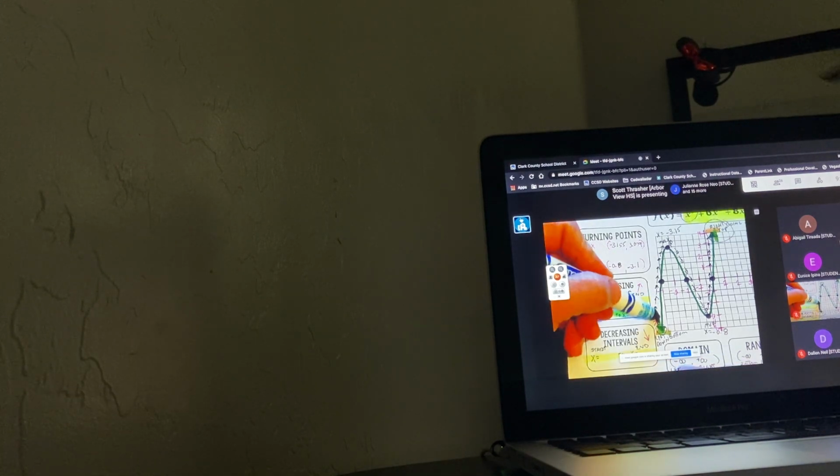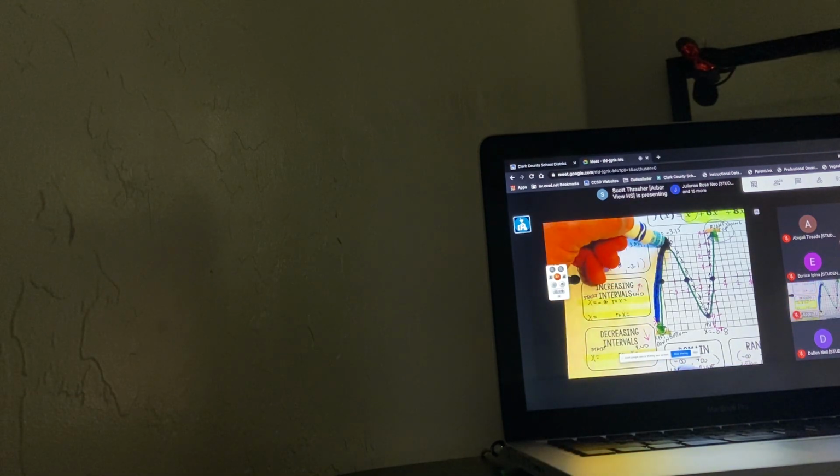So if he's starting on an arrow, how do we list an arrow? We list an arrow as infinity. But Thrasher, you've already listed infinity, like, I know. You've listed it a lot so far. So if he's starting on an arrow, then he's starting at negative infinity because I don't know where he starts. And he's going all the way until he reaches the max. So all the way until he gets to the top of this graph. So he's following all the way to here.